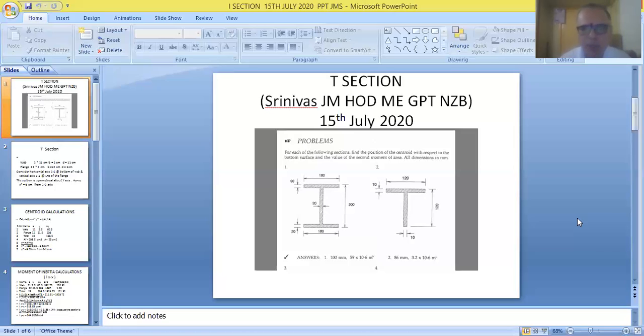So once again, I repeat, as far as flange dimensions are concerned, it has to be written as 12 by 1 centimeter. And as far as web dimensions are concerned, it has to be written as 1 by 11 centimeters.